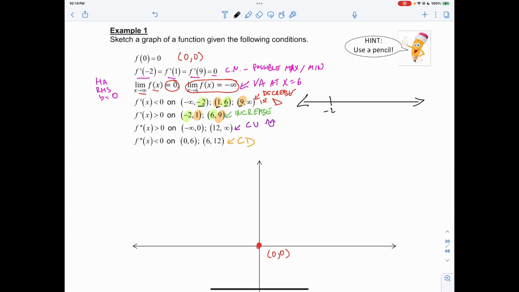Negative 2, 1, and 9 were our critical numbers, and the 6 was our vertical asymptote.